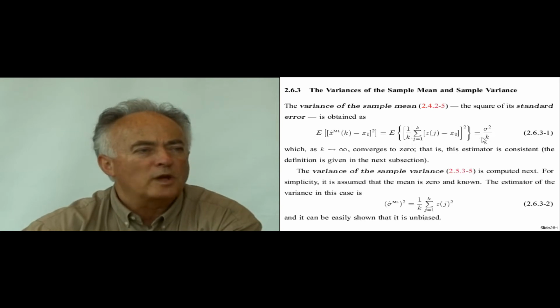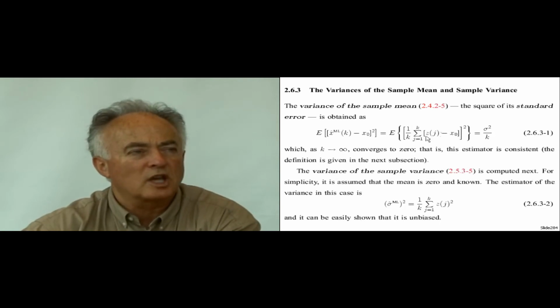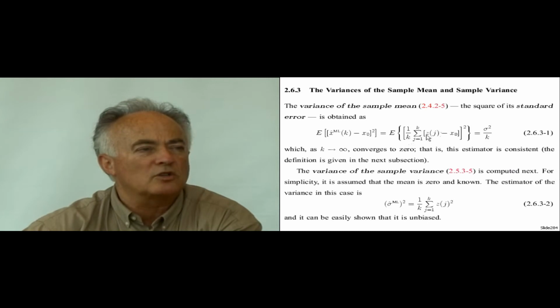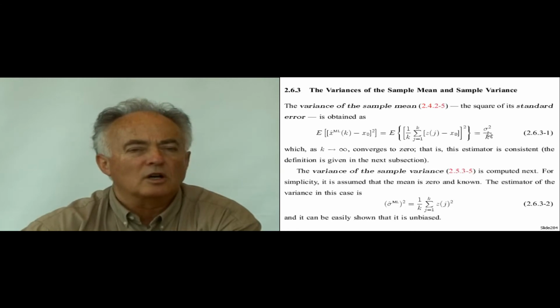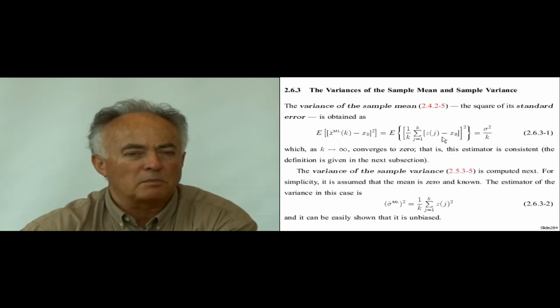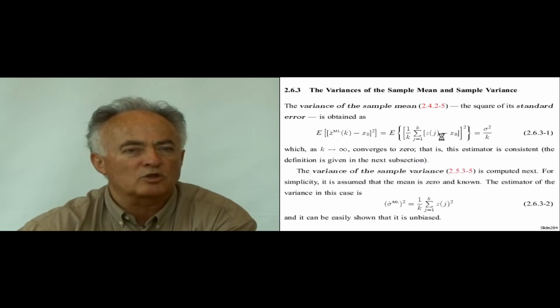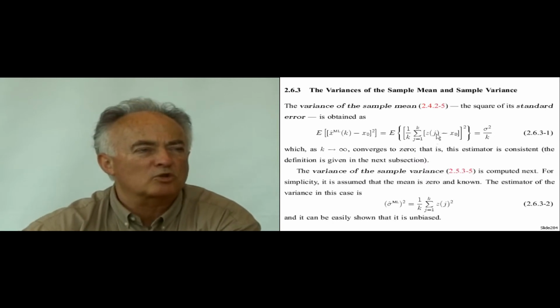And when you square, there's a k square here, each of these is a wj, and therefore when squaring you end up with the variance. No cross terms because they are independent, those noises. You have k such terms, so it's k sigma square over k square from here, so sigma square over k.